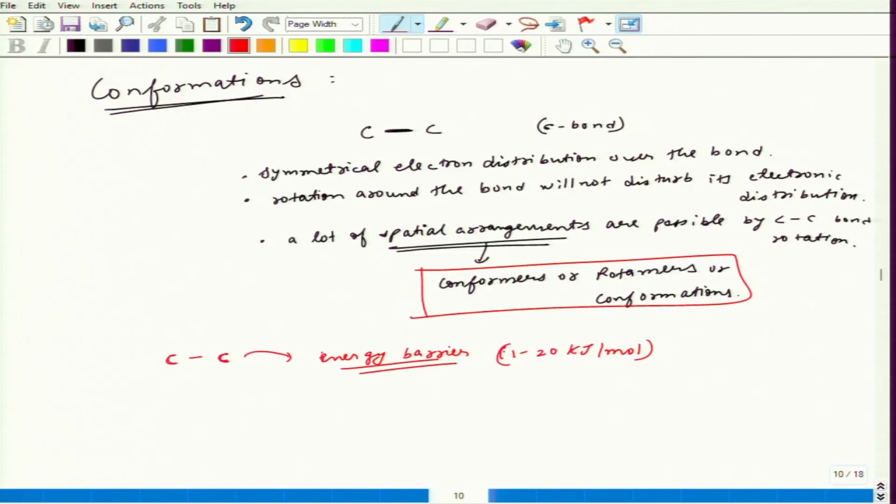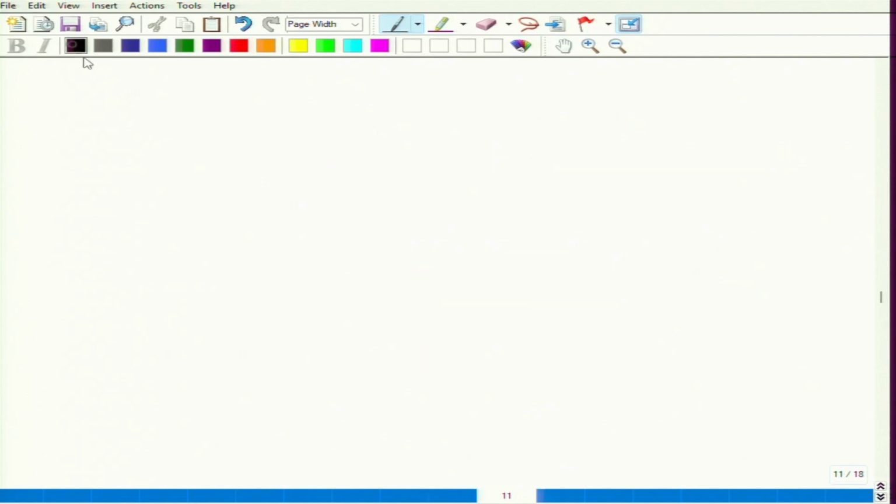Let us discuss a simpler example, that is ethane. We know what ethane is. Ethane is CH3 and CH3. There is one carbon-carbon sigma bond, and 3 hydrogens attached to each carbon.